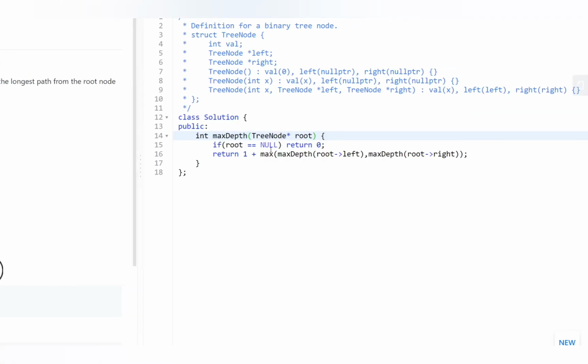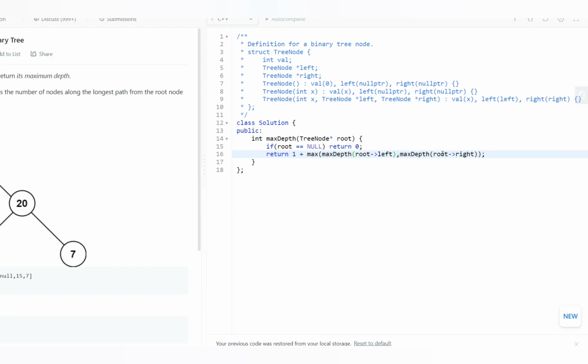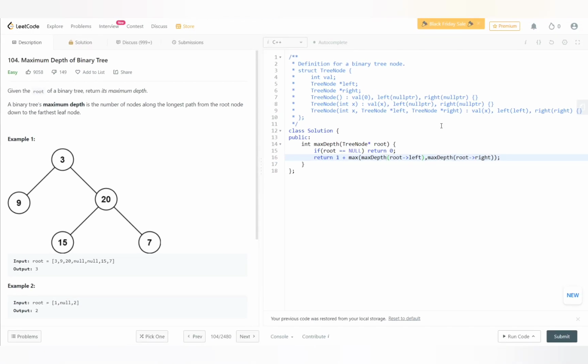Else, as you can see, I've written 1 for the root node, plus the maximum of the maximum depth of the left tree and the maximum depth of the right tree. Whichever is bigger: if the left depth is bigger, it chooses left, and if the right depth is bigger, it chooses right, and we return 1 plus the maximum of either left or right.